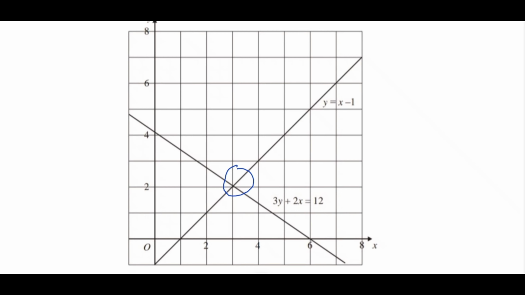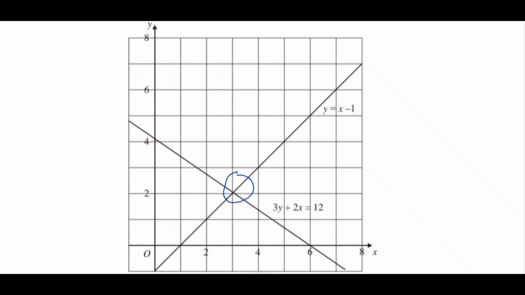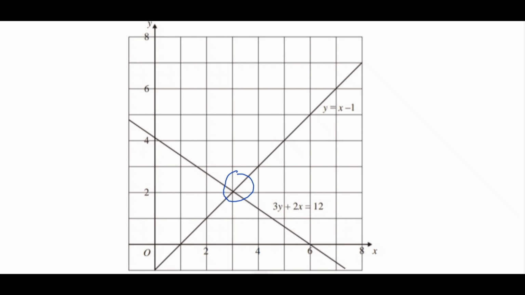We can see from this graph that it goes along 3 points in the x-axis and 2 points in the y-axis. So let's draw this up.